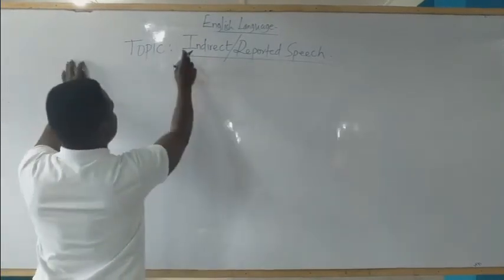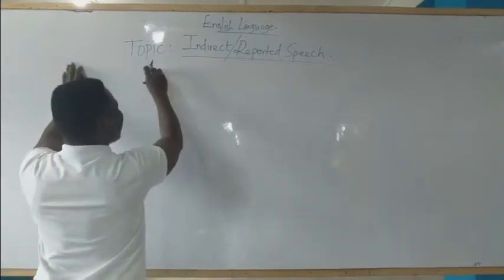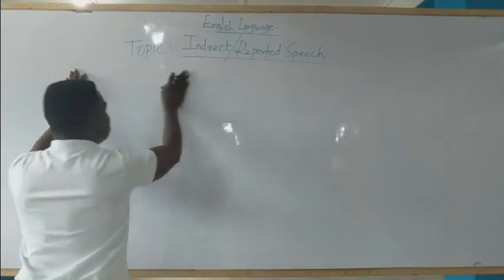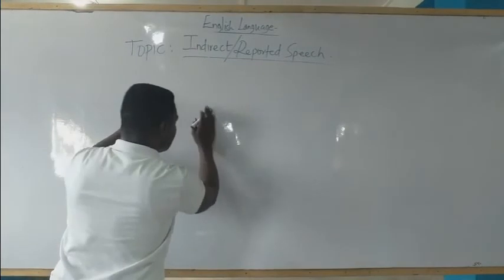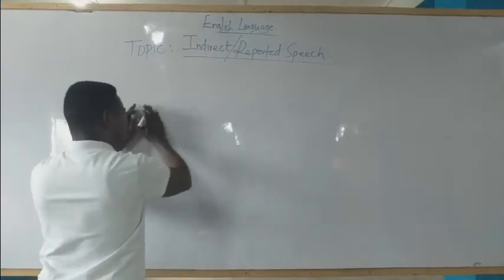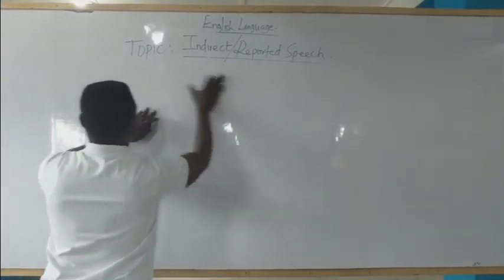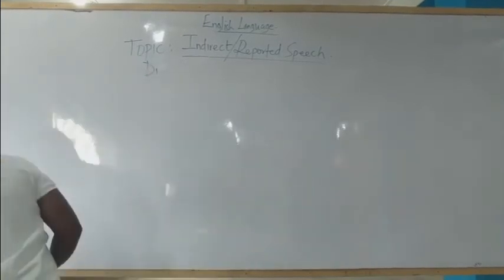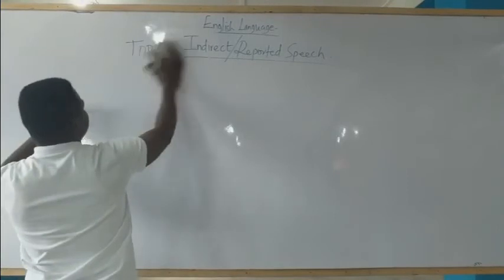Step 1, to change an expression from direct to a reported speech, the following changes will take place in indirect speech. So I have direct. Let me write on the board for you. We have a table here.